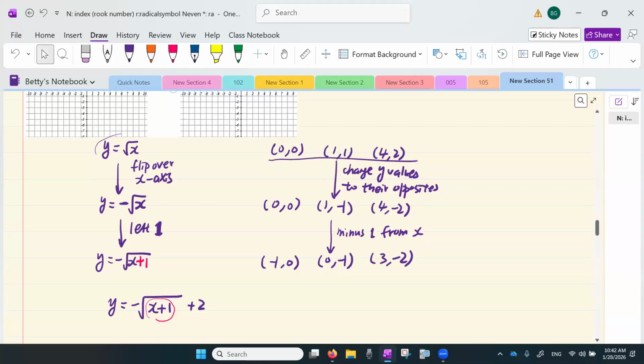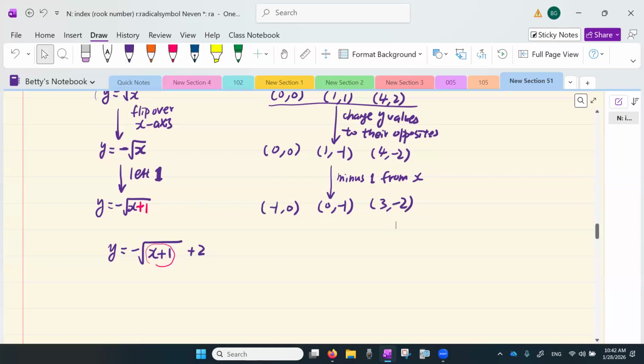Okay. The last step, we add 2 to the entire function, which means we add 2 to y. That means we go up 2 units. What will happen to those points? The y value goes up by 2, so we add 2 to all the y values.